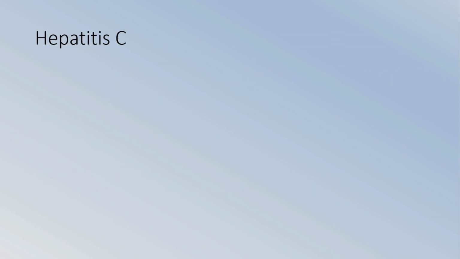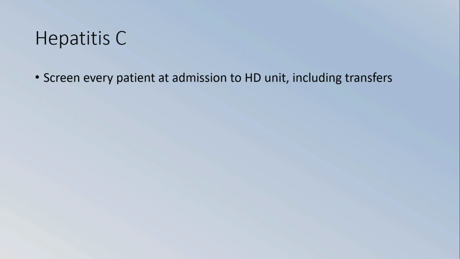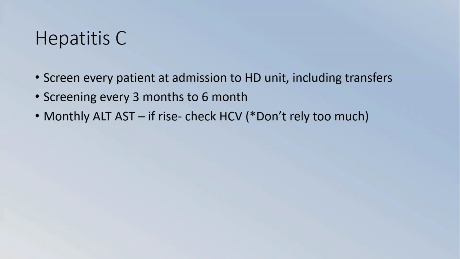Coming to hepatitis C, again, every patient needs to be screened. Now we just had some discussion about that, right? And I also agree with that, that we probably have to move from anti-HCV to HCV RNA. I think this time has come.